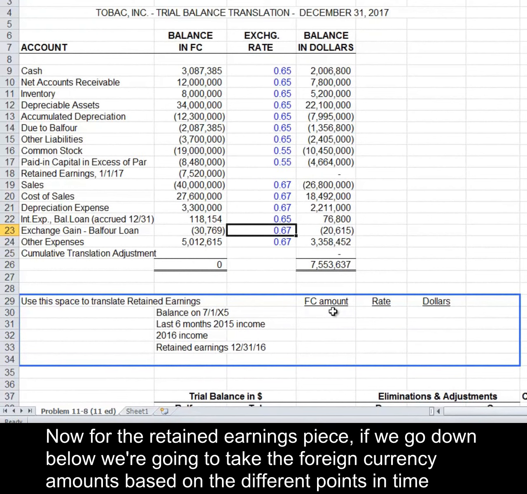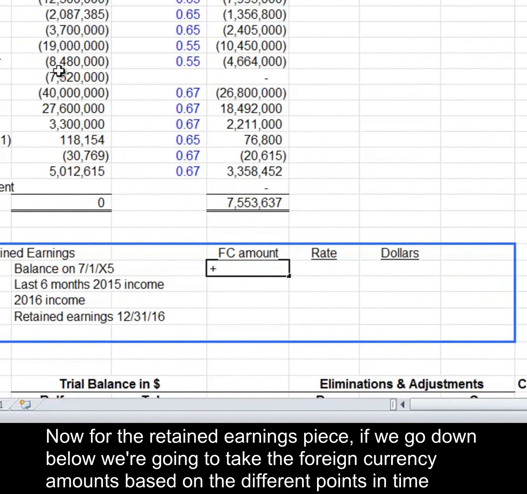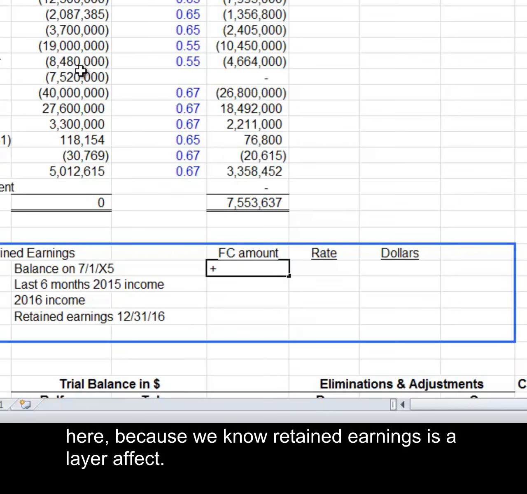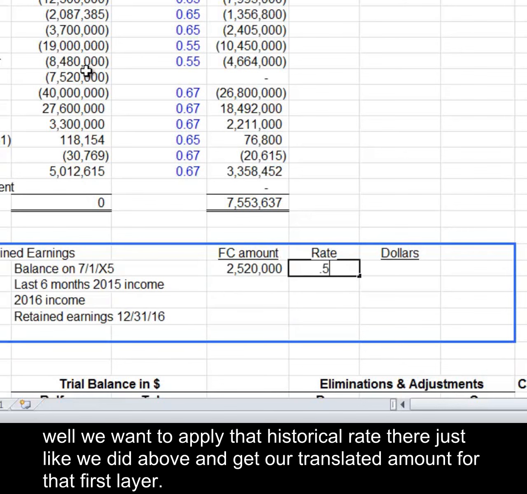Now for the retained earnings piece, if we go down below, we're going to take the foreign currency amounts based on the different points in time here, because we know retained earnings is a layered effect. So our balance when we acquired it was $2,520,000 in foreign currency. Well, we want to apply that historical rate there, just like we did above, and get our translated amount for that first layer.